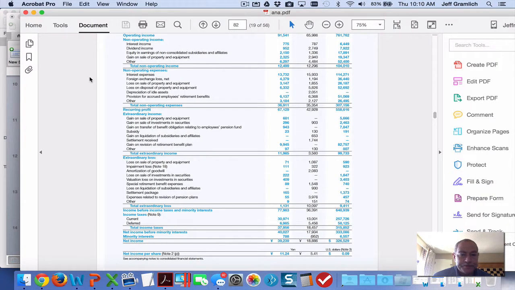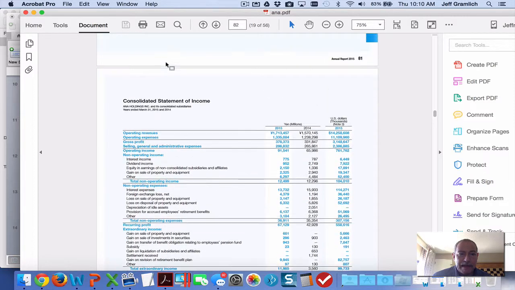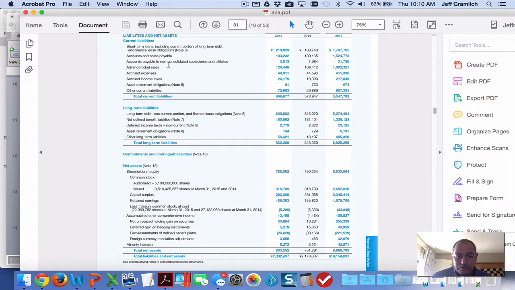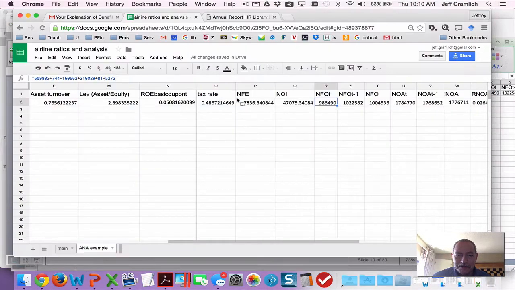Let's take a look. This is off of the balance sheet. And for the current year, I call that year T. This is the long-term debt.